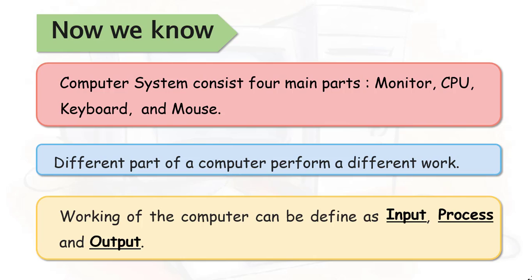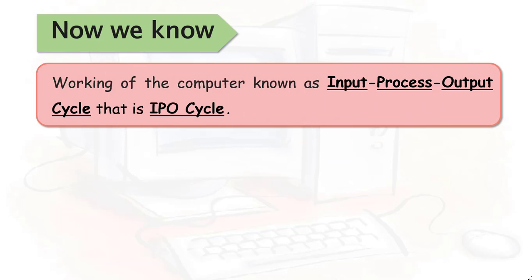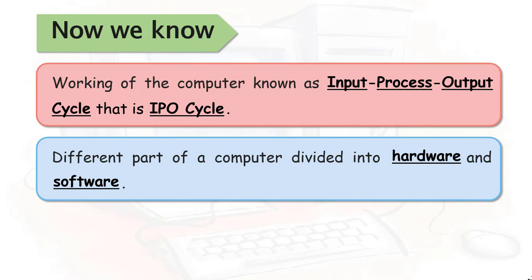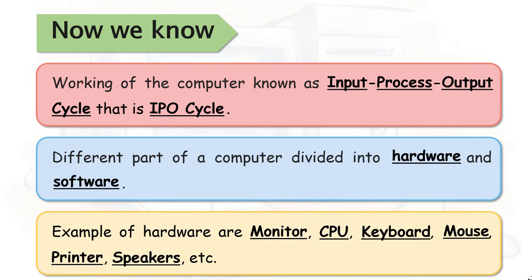The working of the computer can be defined as input, process and output, known as the input process output cycle, the IPO cycle. The different parts of the computer are divided into 2 categories, hardware and software. Examples of hardware are monitor, CPU, keyboard, mouse, printer, speakers, etc.